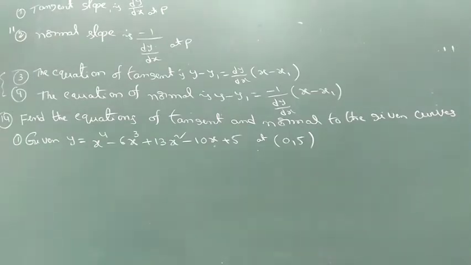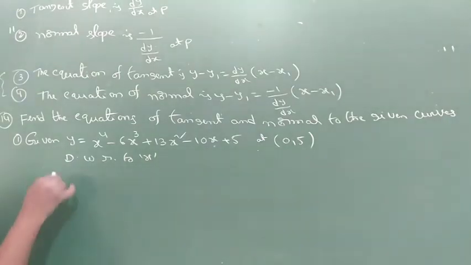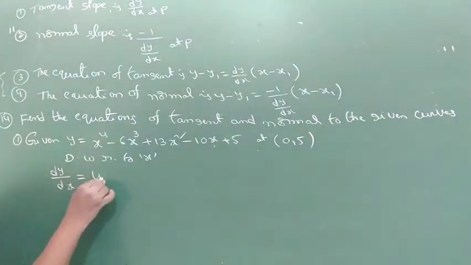So first, differentiate with respect to x. First let us go to the tangent slope. dy by dx: x power 4 derivative is 4x cube, using the formula x power n derivative is n into x power n minus 1.